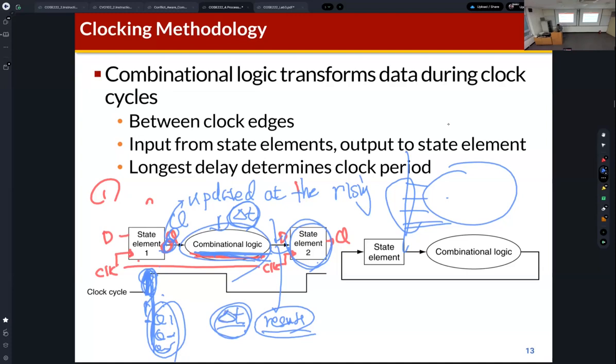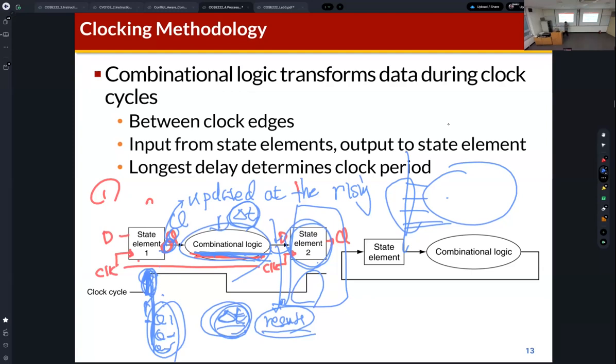So after delta T, this output is also sampled by another D flip-flop. So this signal is also synchronized by this clock edge, the clock signal.